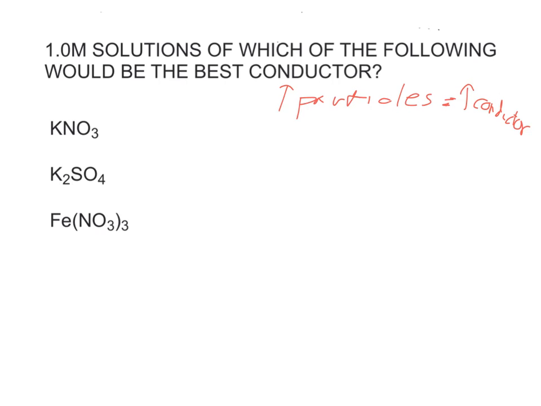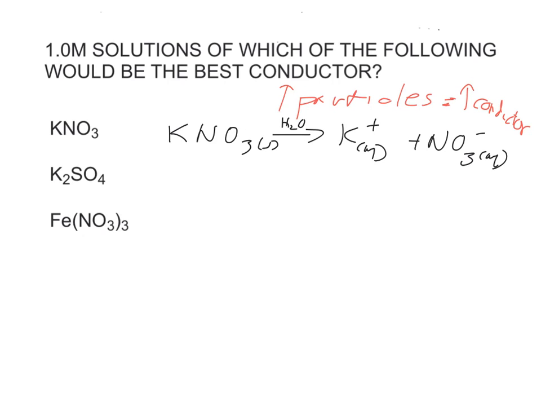So the question really can be thought of as, which of these 3 substances produces the most particles when placed in water? Well, for every 1 mole of potassium nitrate I place in water, I get 2 moles of particles out.